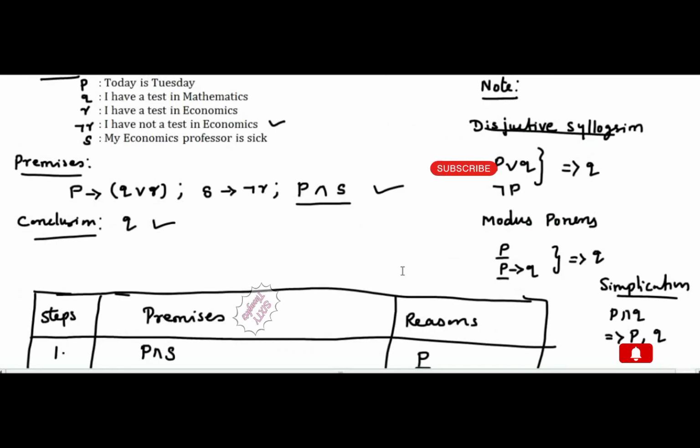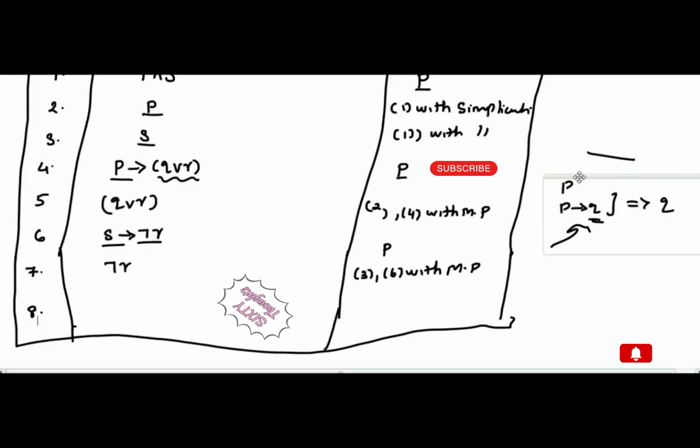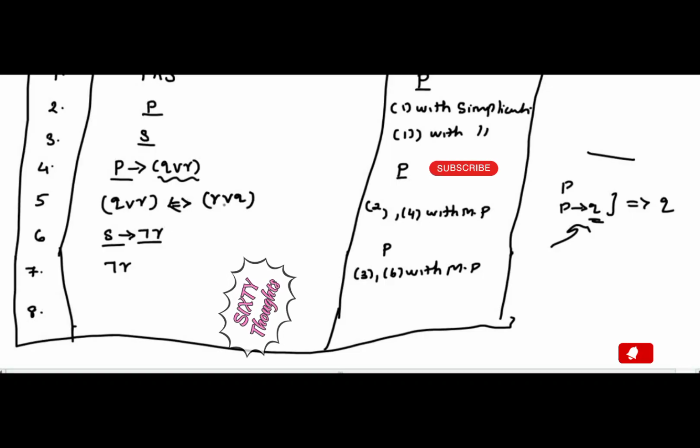What is disjunctive syllogism? P or Q, negation P, we get Q. So I am going to write here. We see negation R is there. So Q or R we can write, it is equivalent to R or Q only. Both are the same.